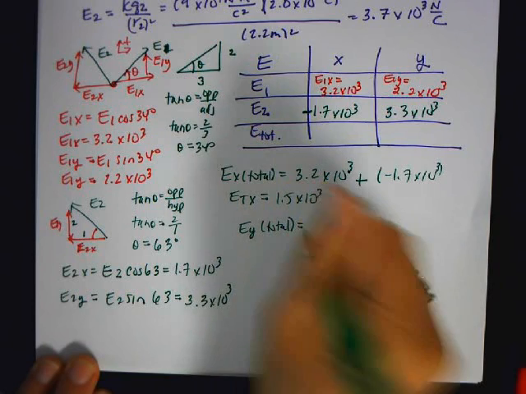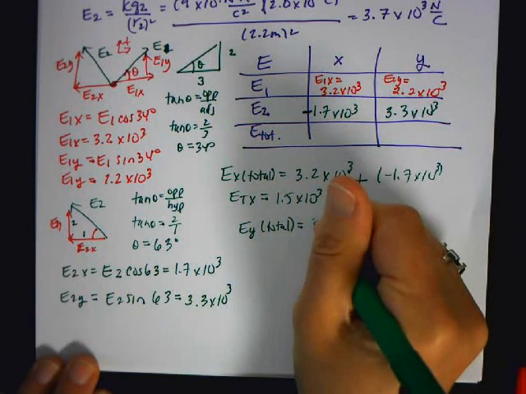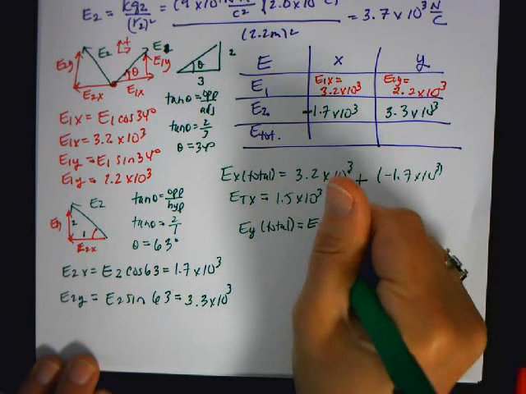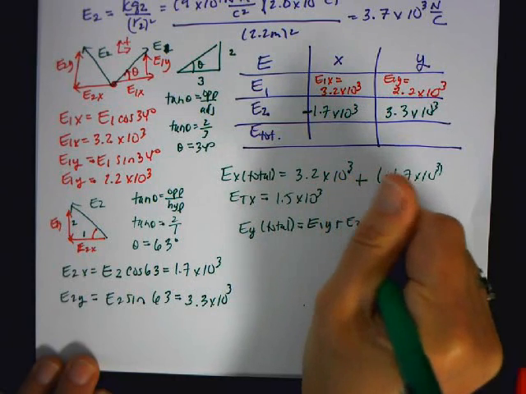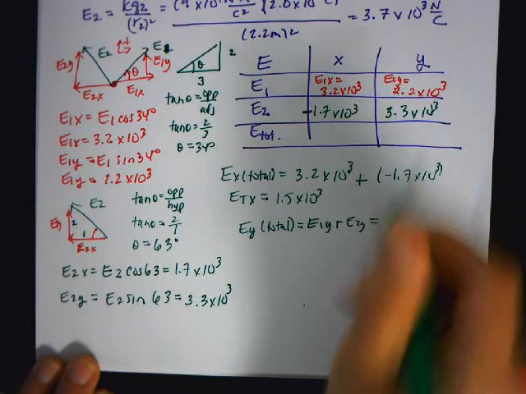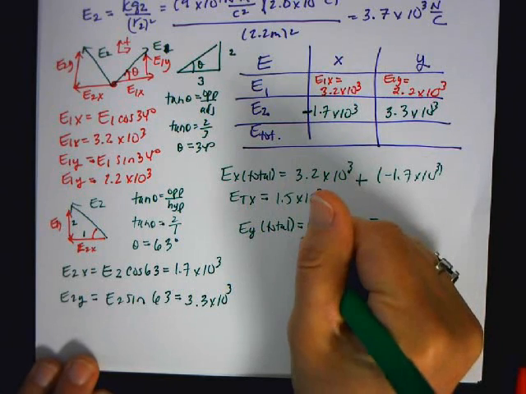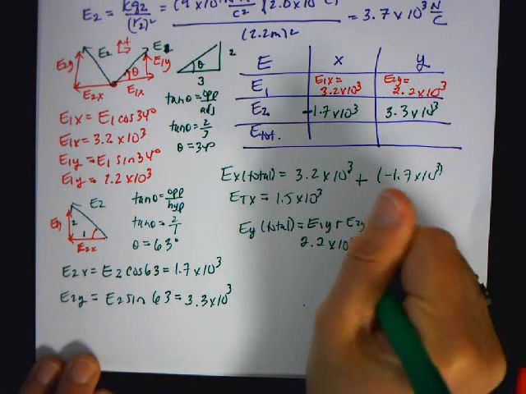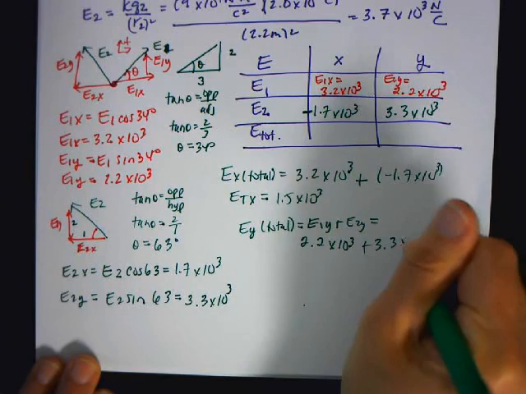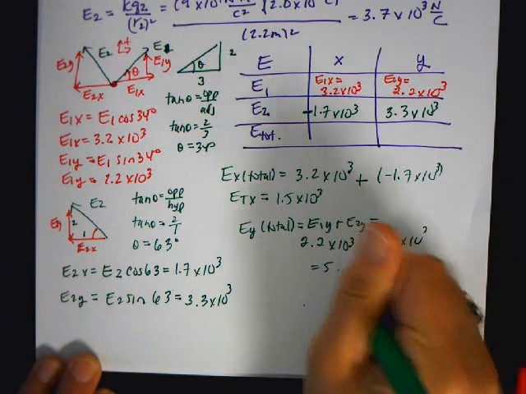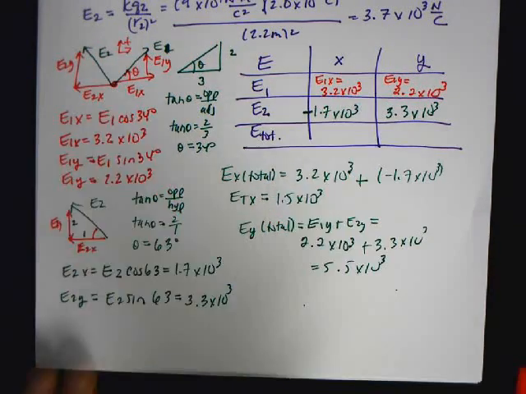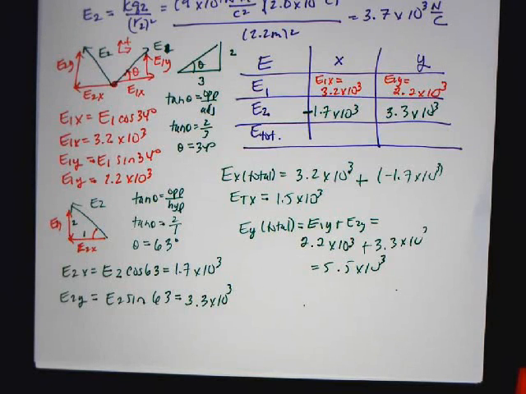Now I do the same thing for E total y. So that's going to be E1y plus E2y. So that's going to be 2.2 times 10 to the third plus 3.3 times 10 to the third, which is 5.5 times 10 to the third. We're getting there. We're almost done.